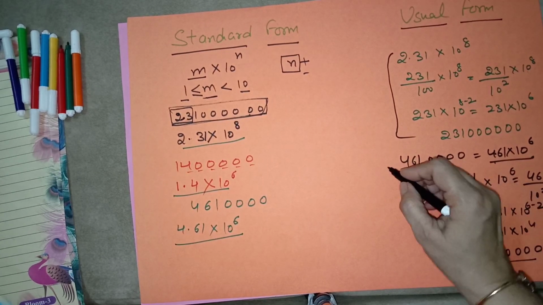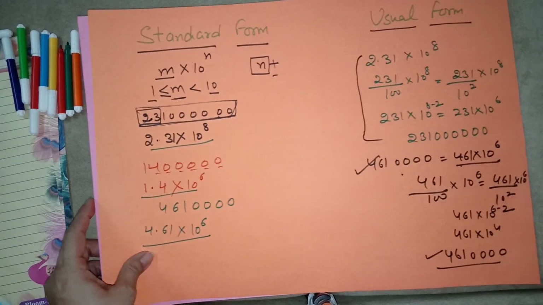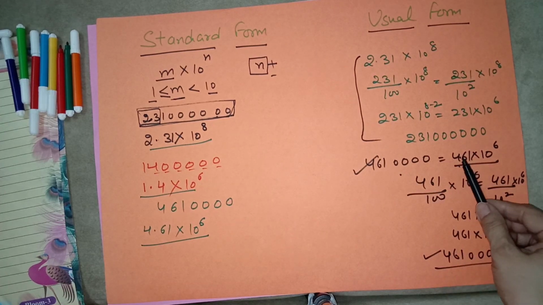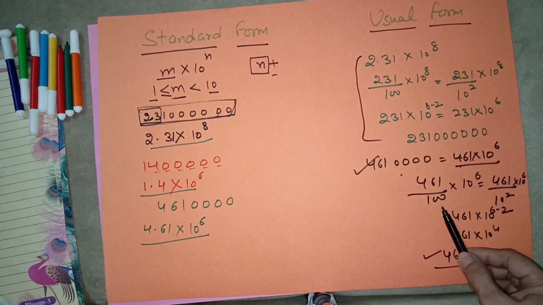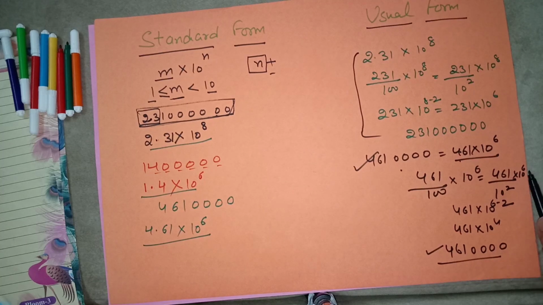Just see, these both things are same. 4.61, 10 to the power 6, right? It means with 2 decimals, I can write 100, and 100 is equal to 10 square. This is 10 to the power 6. Division is there, so powers will be subtracted. That will be equal to 461 with 4 zeros. Is it clear?